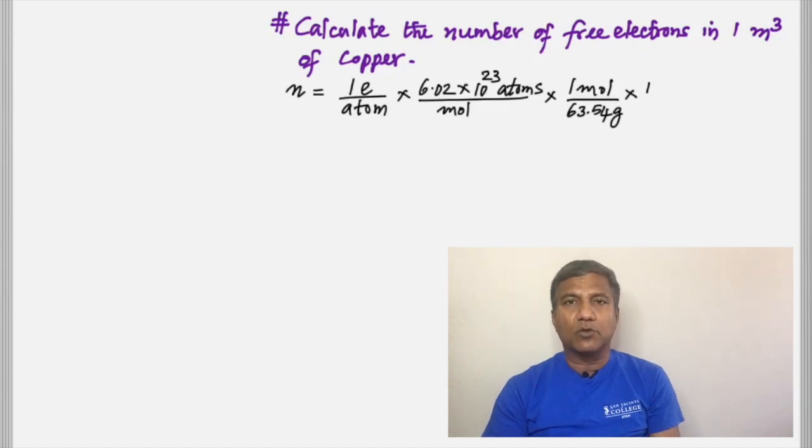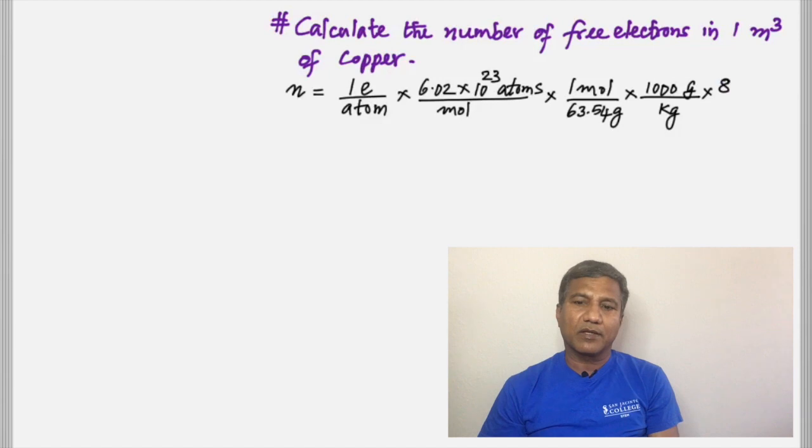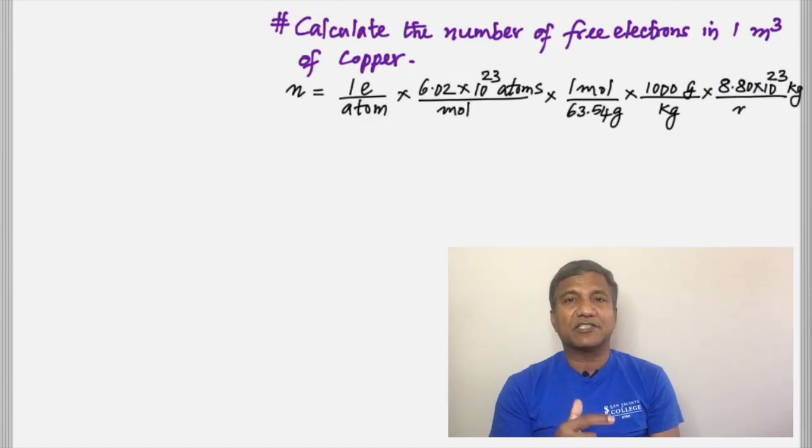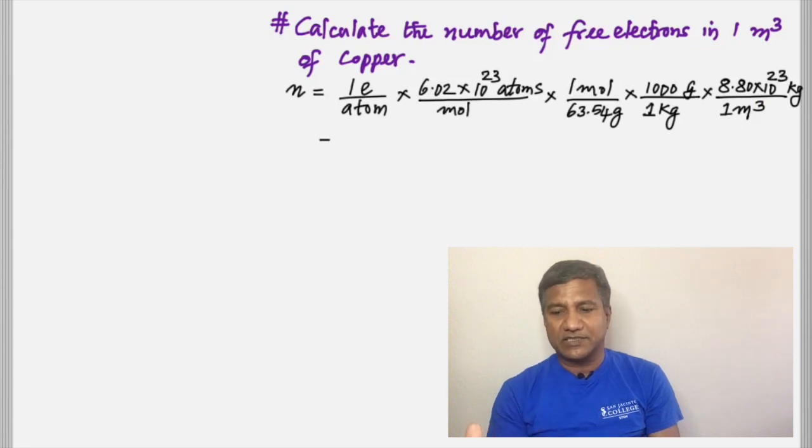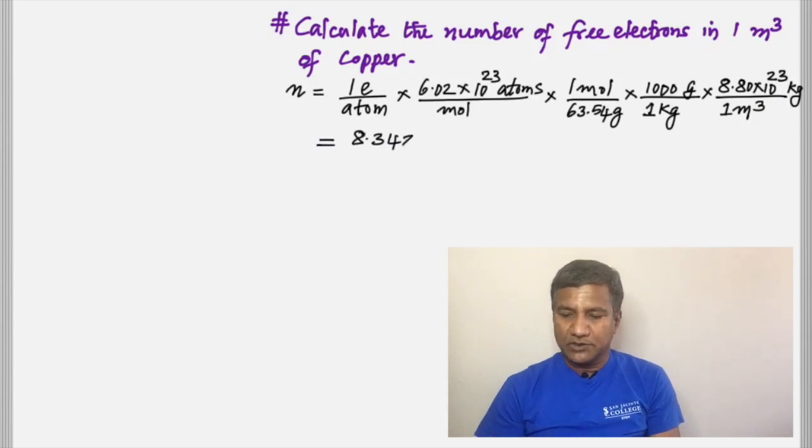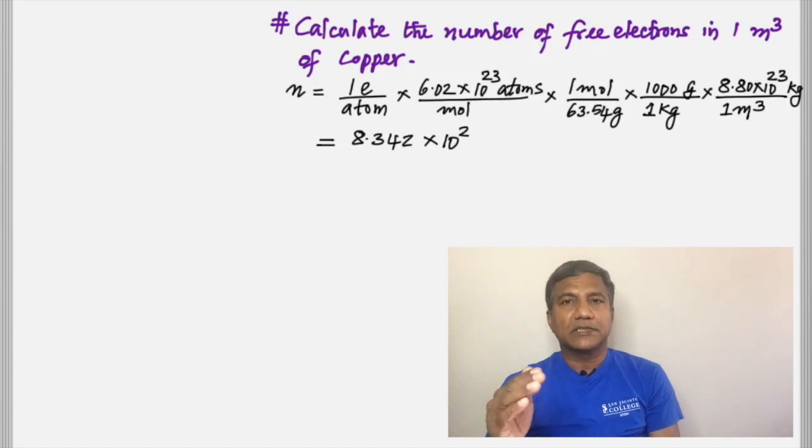So 1 mole per 63.54 grams, and then 1,000 grams make a kilogram. And then the density of copper is given, because density shows you how much mass exists in 1 meter cube. So you have the density of copper in kilograms divided by 1 meter cube.